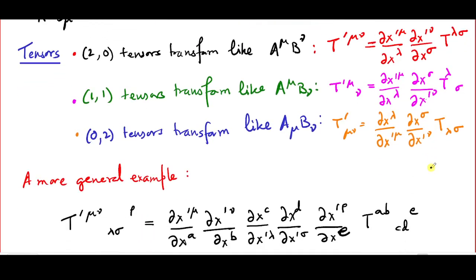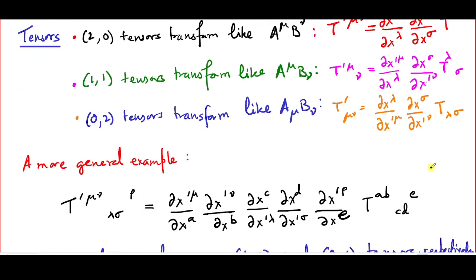Just to make sure that we understand the general situation, I am talking of a rank 5 tensor. I could have chosen a larger one or a smaller one, it is just for illustration, where you have 3 upstairs indices mu, nu and rho, and 2 downstairs indices in the middle somewhere, lambda and sigma. Now each of these 3 upstairs indices mu, nu and rho will correspond to vector transformation coefficients.